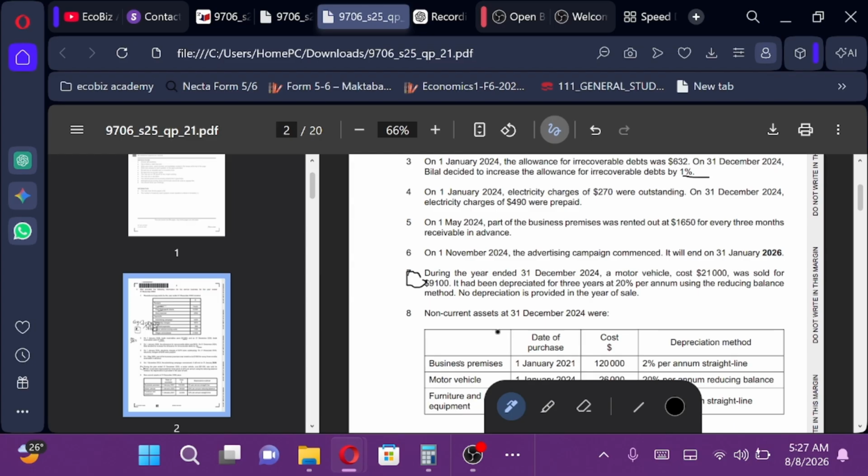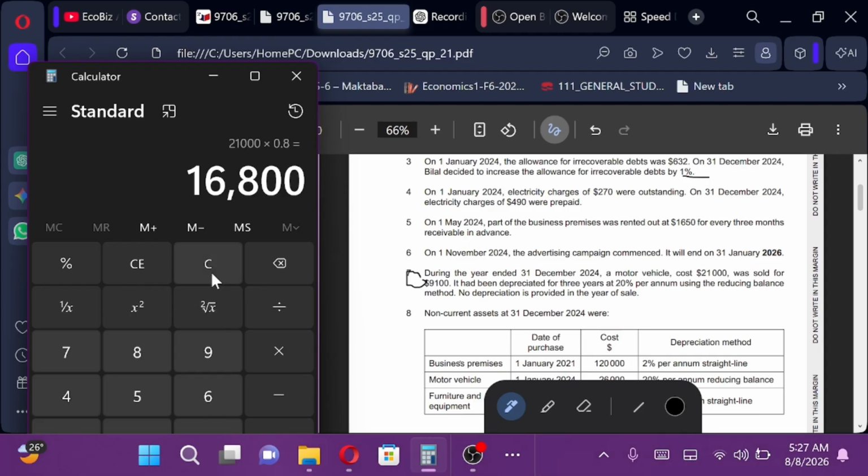So we're going to start calculating from the beginning until 31st of December 2024. So let's begin. What we're going to do is we take 21,000 multiplied by 20%.